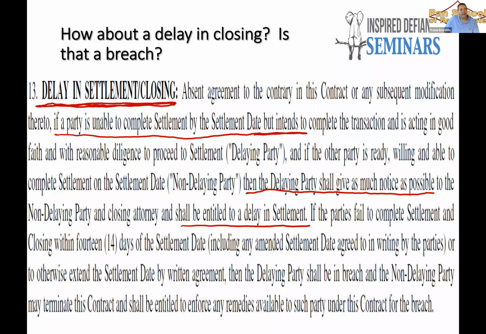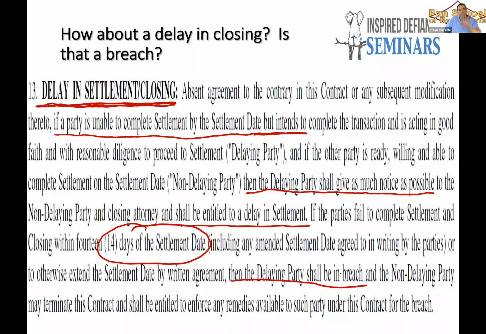Does it say they have to ask for a delay, or does it say they're just entitled to it? They're entitled to it. Do they have to say, we need a delay, can we please have an extra 3 days? Or can they just say, we're delaying by 3 days? They just make an announcement. It says, if the parties fail to complete settlement within 14 days of the settlement date, then the delaying party shall be in breach.